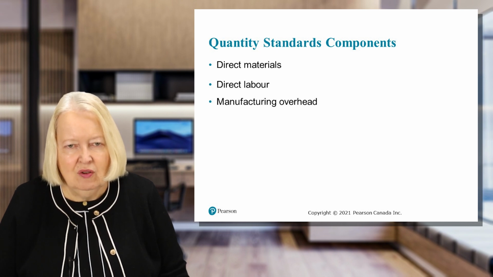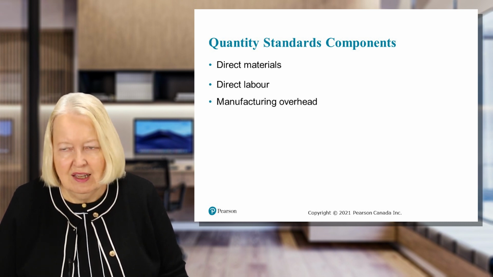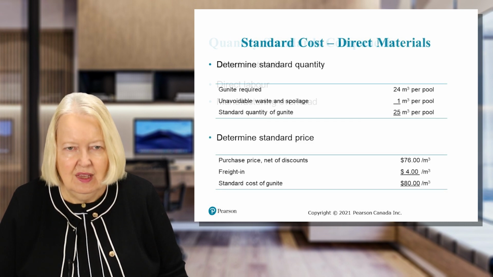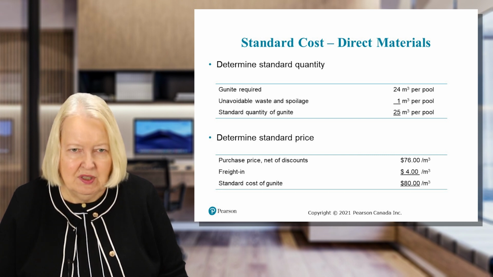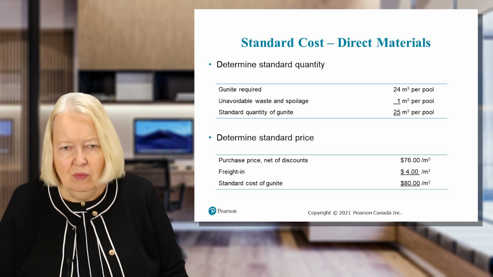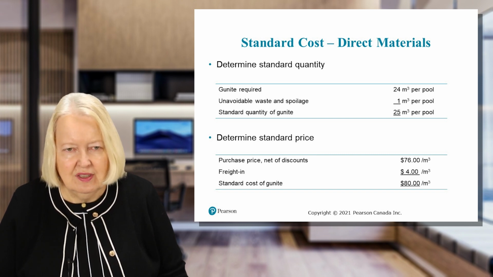The next category is, if you're making your products, you need to know about the quantity of direct materials, direct labor, and your manufacturing overhead. So when we talk about standard cost, when we look at direct materials, we are calculating for this product Gunite.